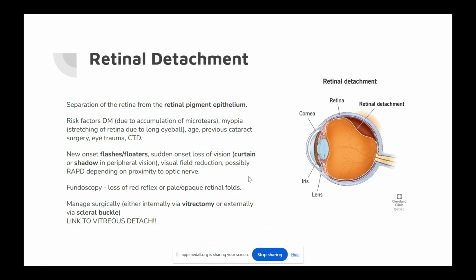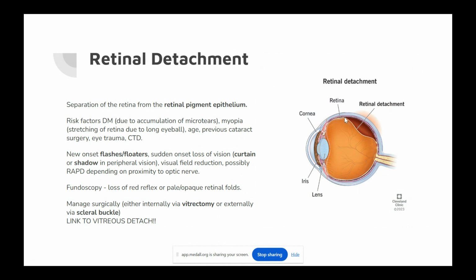On fundoscopy, you might get a loss of your red reflex. And a lot of the times, more times than not, they'll actually leave it alone, but your definitive management will be either a vitrectomy, again, like we said, because it exerts that pressure, so you want to make sure it's held in place, or if from inside the eyeball doesn't exert the pressure that you need, you will do it externally by what we call a scleral buckle, and that's basically just tying your retinal layer to the sclera to make sure it doesn't peel off.